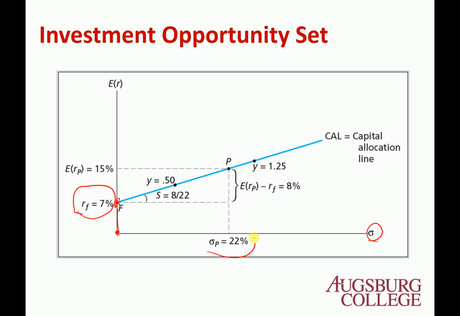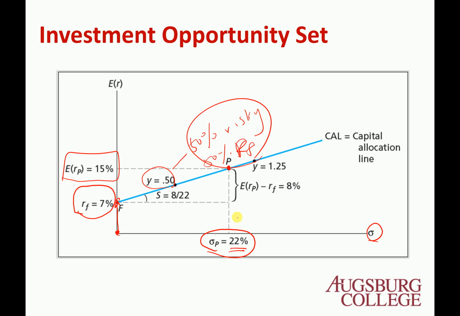If the portfolio standard deviation is 22% and the expected return is 15%, now you have this opportunity set. With 50% risky asset and 50% risk-free, you have this point on the opportunity set.